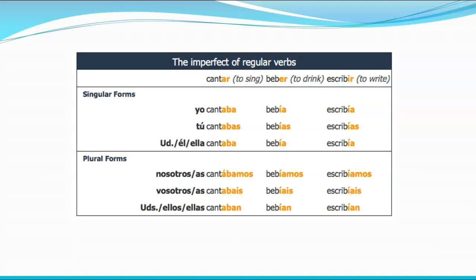ER and IR verbs are going to share the same endings, ía. So we have things like cantaba, cantabas, cantaba, cantábamos, cantaban, bebía, bebías, bebía, bebíamos, bebían, and escribía, escribías, escribía, escribíamos, escribían.